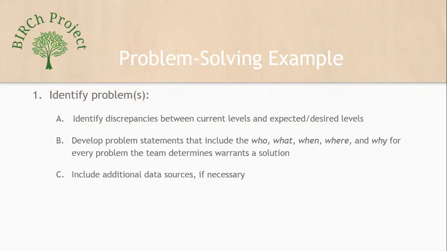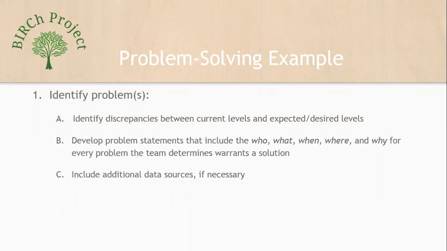So we may expect that 75 to 80% of our students have their needs met by universal supports, so they'll be in the low risk range. We may expect that 10 to 15% fall in the some risk range, and about 5% to 10% fall in the high risk range.